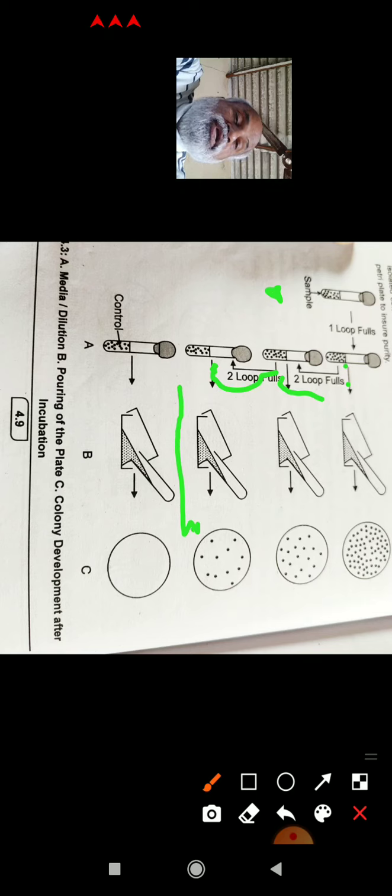You can get isolation in the third as compared to the second, and in the first the number of colonies will be more than the second, and in the control there will be no growth of colonies. So this diagram shows how the pour plate method gives good results for isolation of colonies for getting a pure culture.